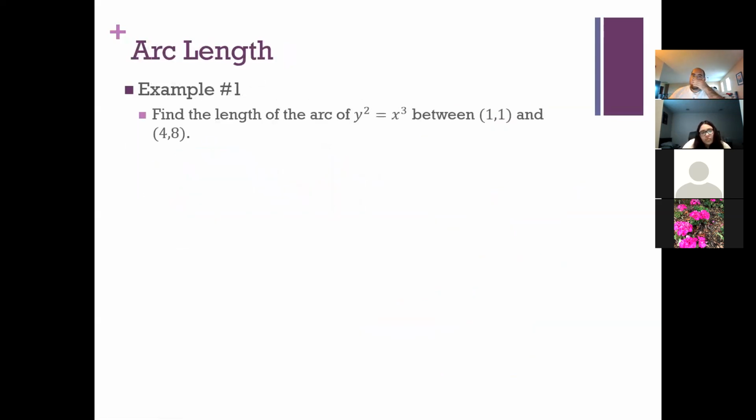We want to find the length of the arc along this curve, y squared equals x cubed, between these two points, (1, 1) and (4, 8). Just to remind us what we're working towards, I know I am integrating over some interval. This idea here.